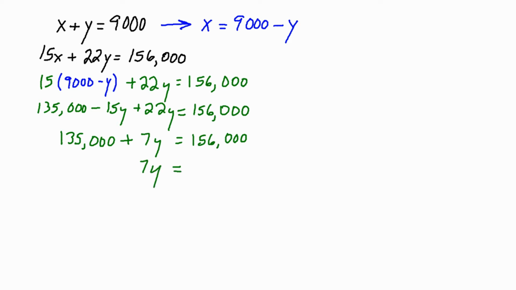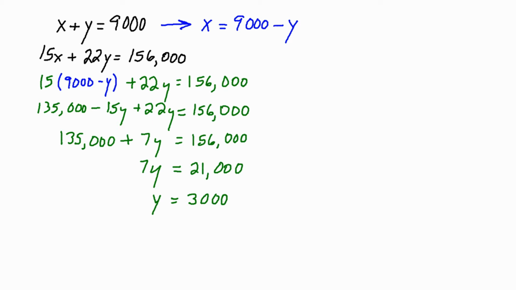7y equals 21,000. Now I want to divide both sides by 7. y equals 3,000. This means I've sold 3,000 tickets at $22.